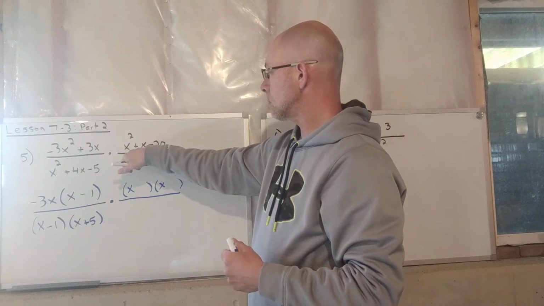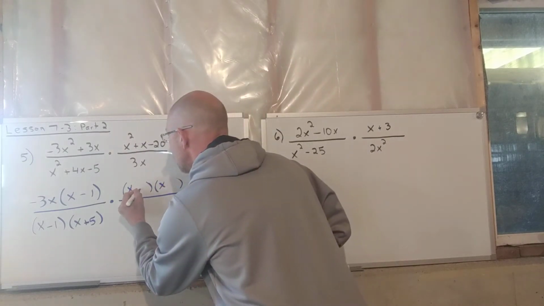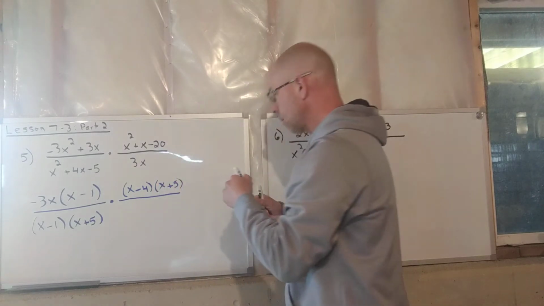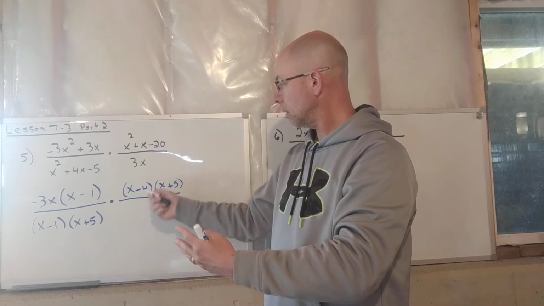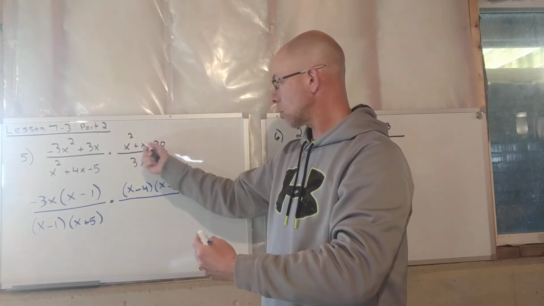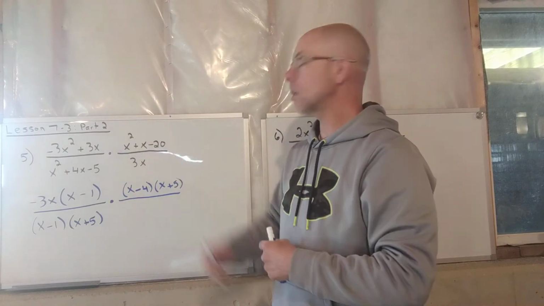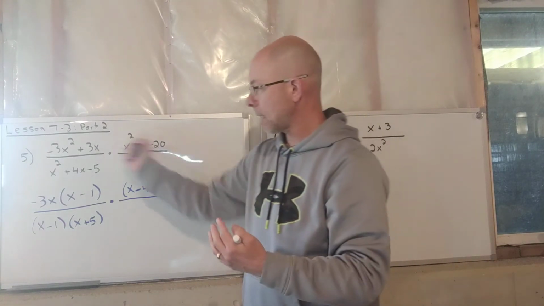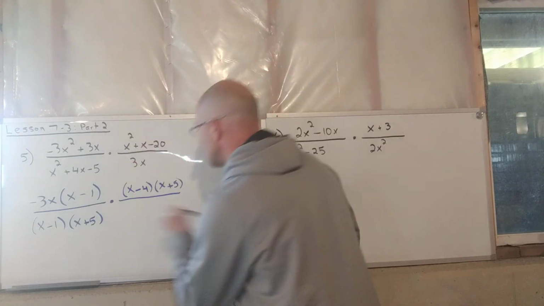And when I see this 1x in the middle, we're going to use minus 4 plus 5. If you check this multiplication out, it will be x squared, and the 5x minus 4x will make 1x, and the negative 4 and 5 make a minus 20. So it does work out. This 3x is a single term. There's no plus or minus signs, so there's no such thing as a GCF, and it stays 3x.